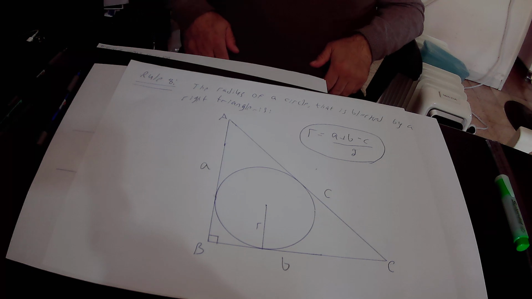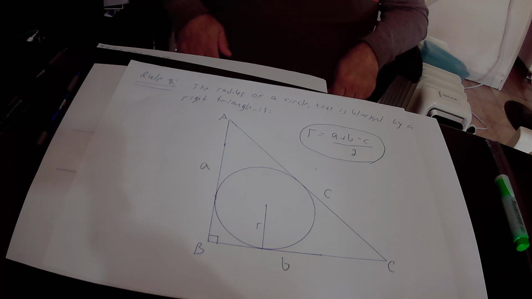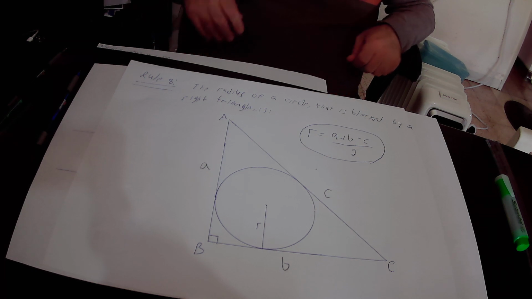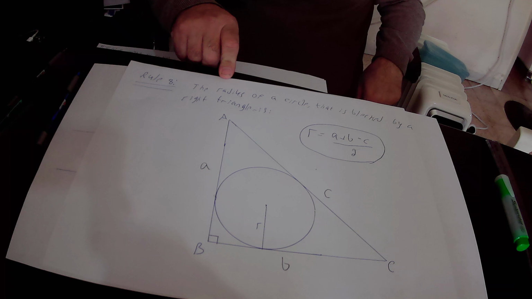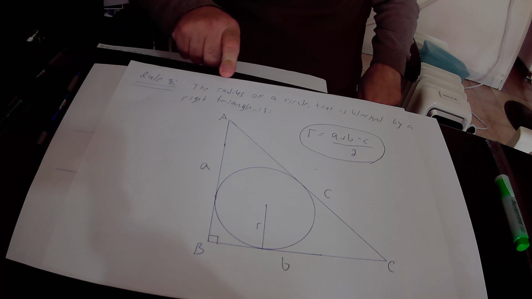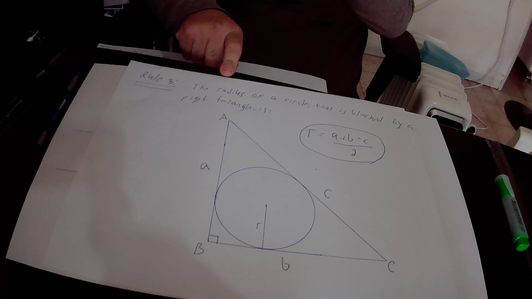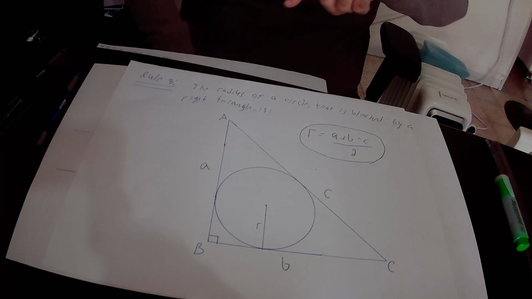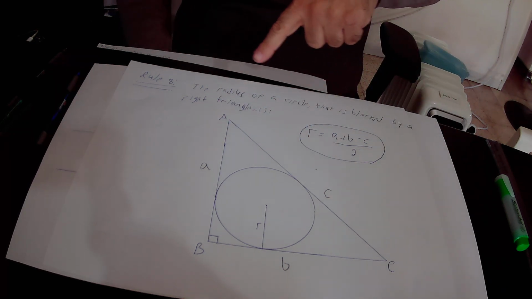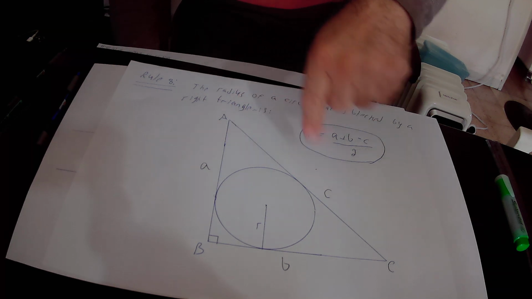According to rule number 8, the radius of a circle that is blocked by a right triangle. Here we have the right triangle ABC. The right triangle ABC blocks this circle.